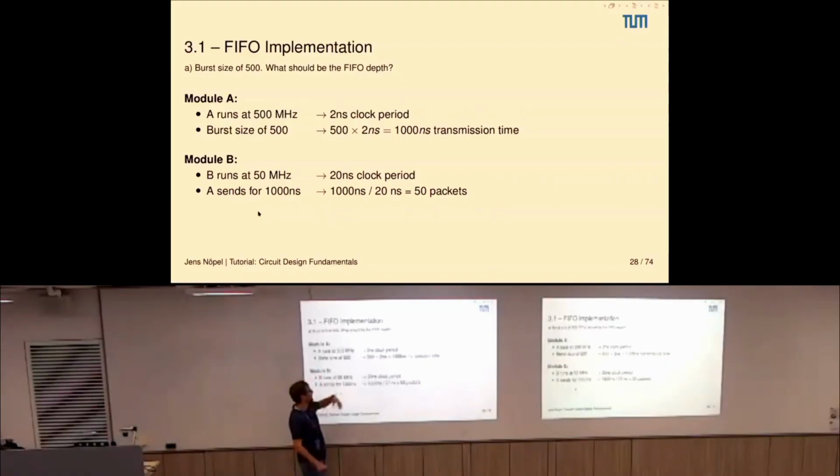Module B can receive 1 packet every 20 nanoseconds, and we have 1,000 nanoseconds in which module A sends data, so we divide 1,000 by 20, and then we know that 50 packets can be received by module B while module A is sending 500 packets. So now we have a difference between sent and received packets, which is 450 packets. So what do we do with those packets? Those packets need to be stored. And for that, we're going to use a FIFO.